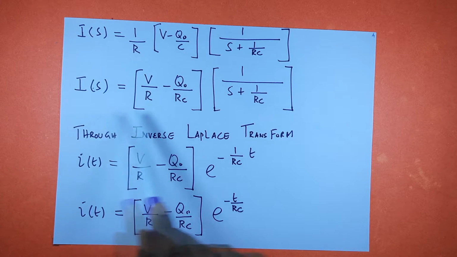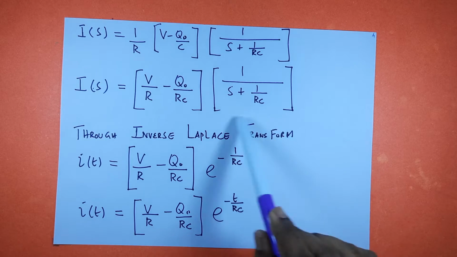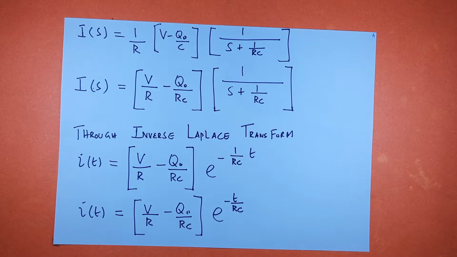To this equation, you apply the inverse Laplace transform. This term is nothing but 1 by S plus alpha. Its inverse Laplace transform is e power minus alpha t. We have already seen this; the same formula applies here.